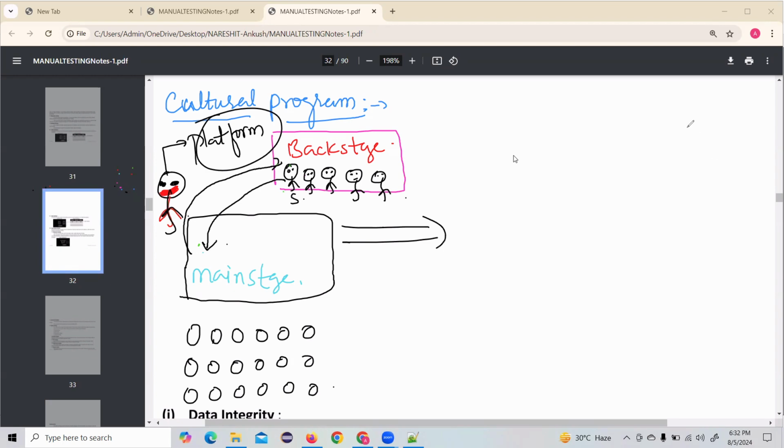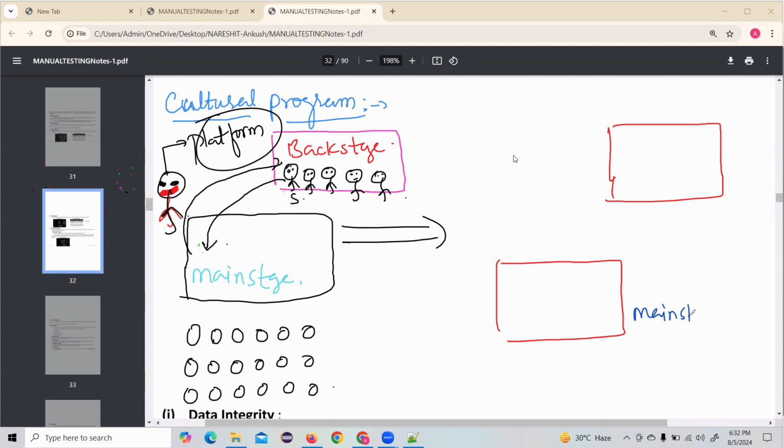Same analogy. Look here. We will be having two stages in our laptop. The first stage is called the main stage. But technically it is called the execution area. In our language, RAM, random access memory. Okay, good. Next, what is this backstage, sir?